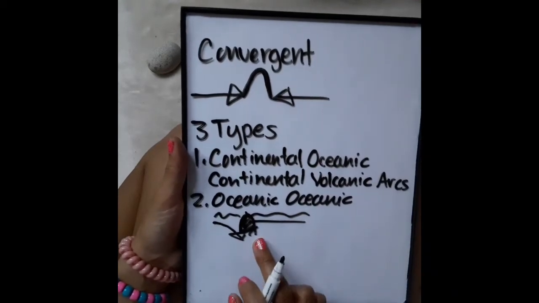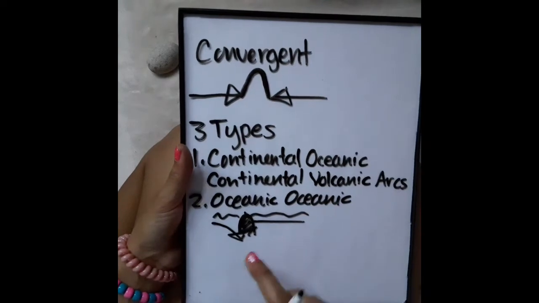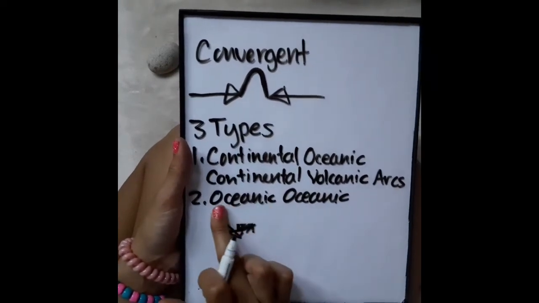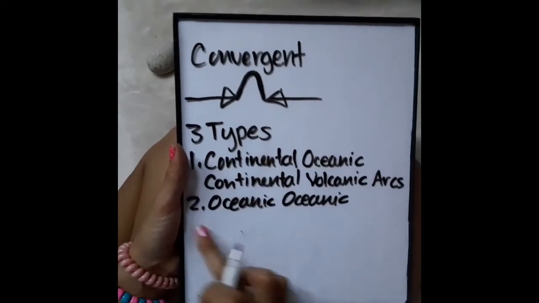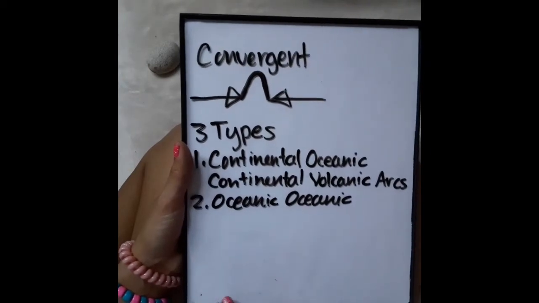So it eventually becomes volcanic island arcs, because there's usually more than just one volcano in the water. There has to be several because the land is pretty big, pretty thick, pretty wide.